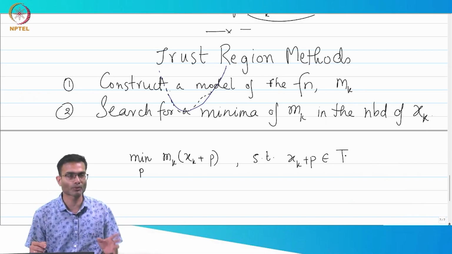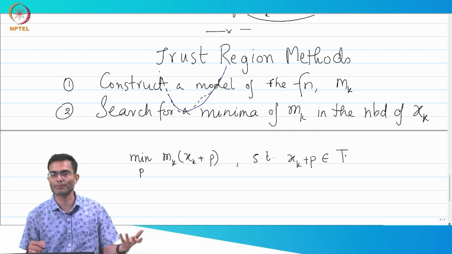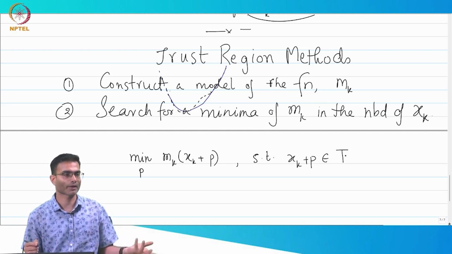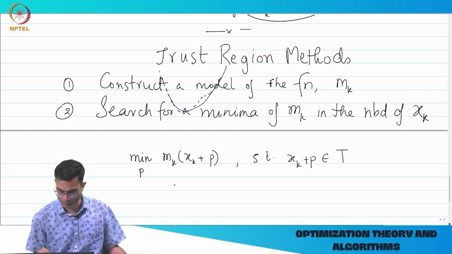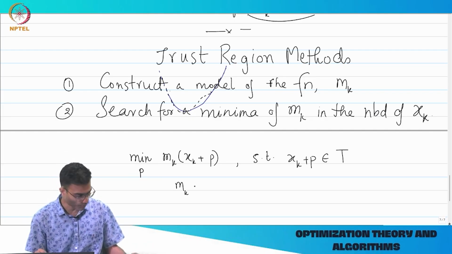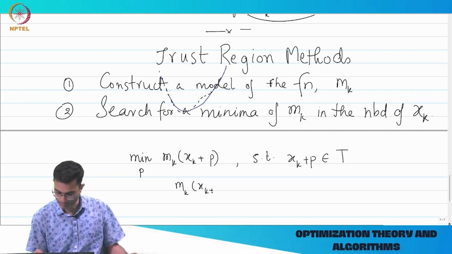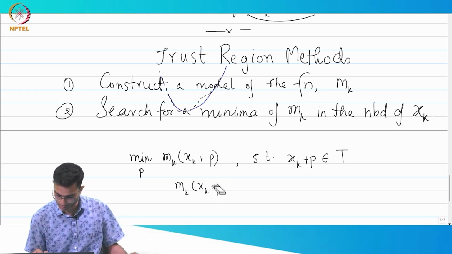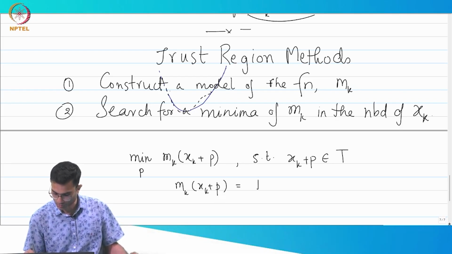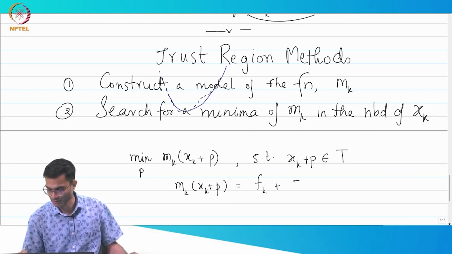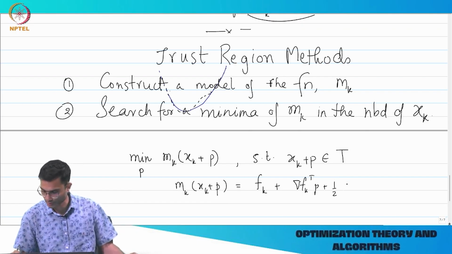I'll just make one note. What is the most common model that people use in the literature? Quadratic model. So the most common model at xk plus p would be fk plus grad fk transpose p plus half of pk transpose Bk pk.